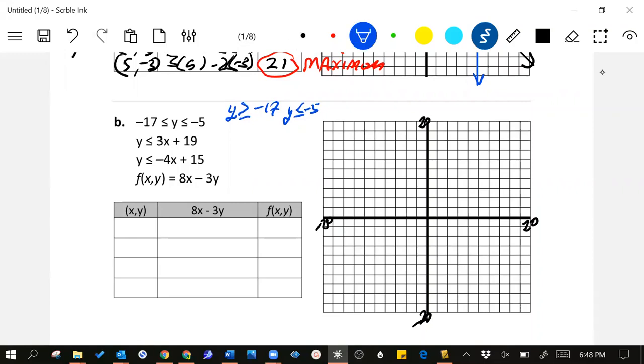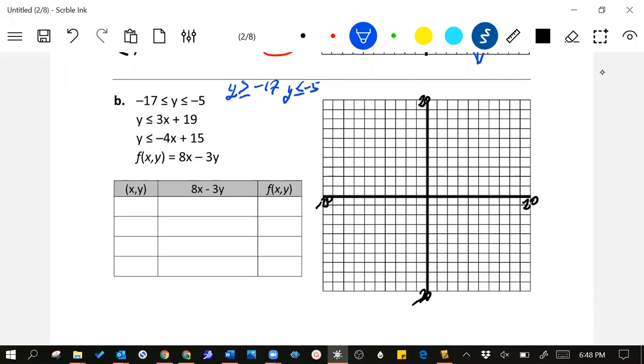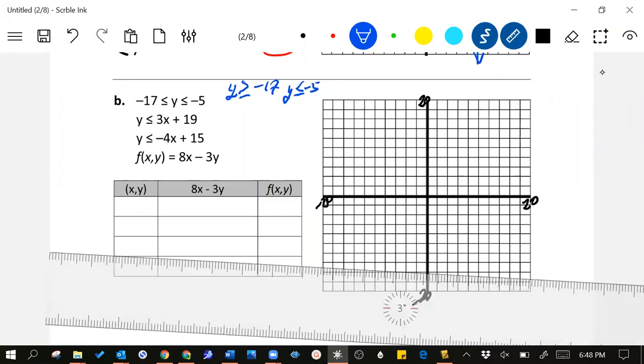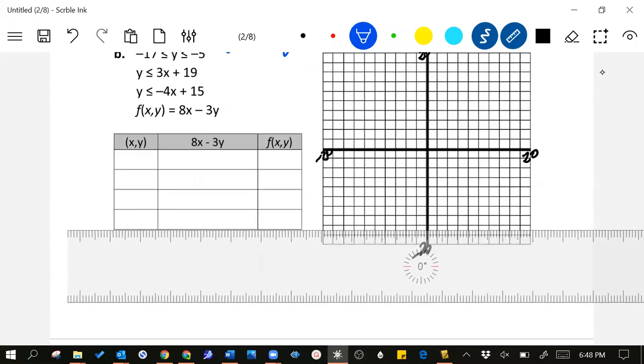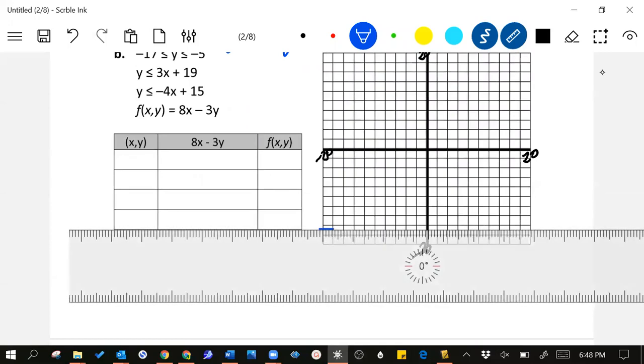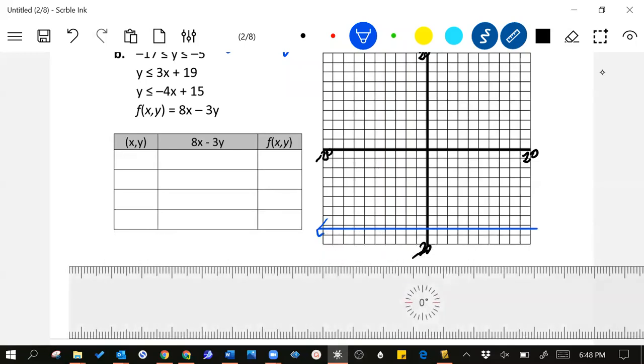So let's look at negative 17. So negative 17, this is negative 18, negative 16. So that means we'll have a line. Okay, that's about here. And that will be approximately y greater than or equal to negative 17.